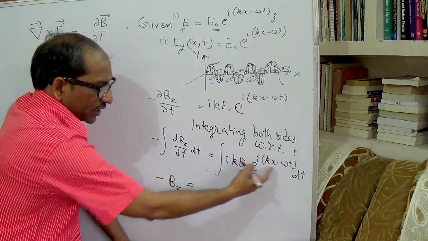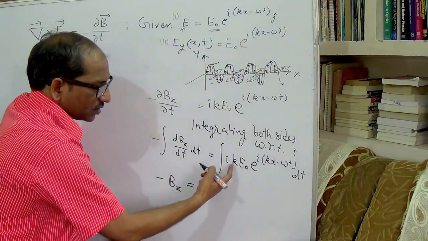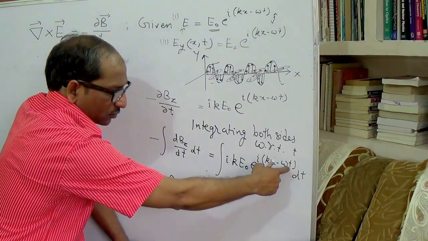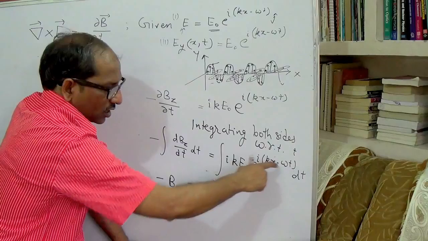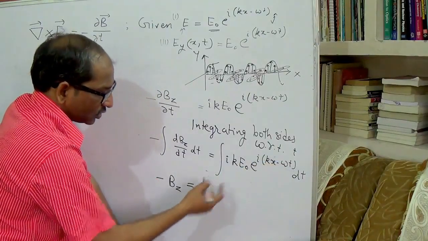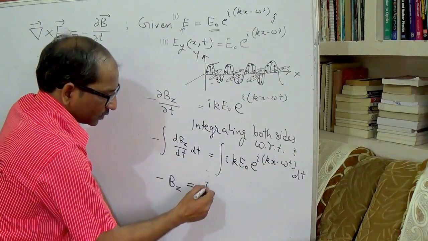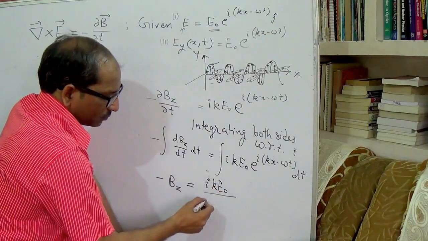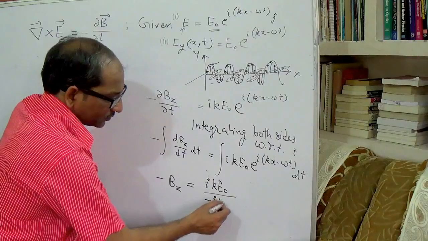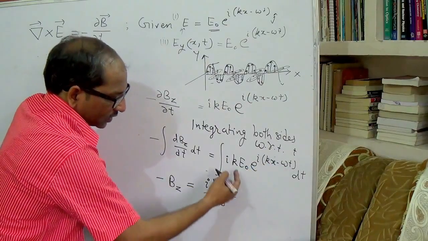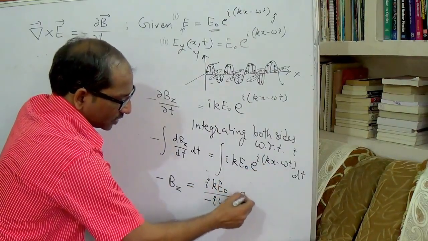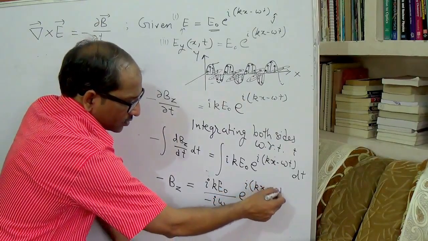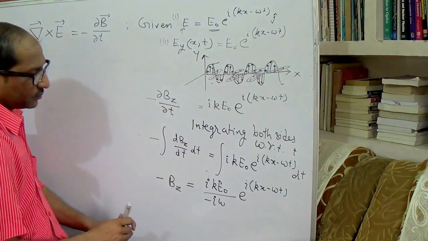When I integrate this, where iota k E naught is constant and the integration is with respect to t, this will come iota k E naught upon minus iota omega, and the rest of the term is e to the power iota (kx minus omega t).